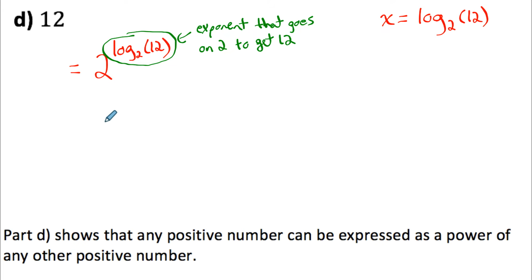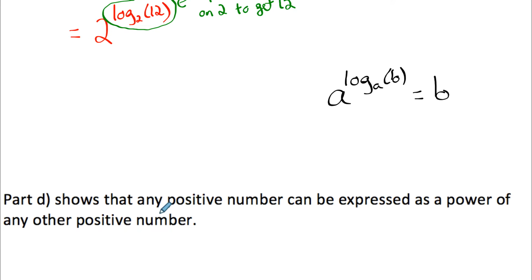So what happens if we put it as the exponent on 2? Well, what happens is exactly what it says will happen. We get 12. And we could write ourselves a little rule for this. If we have a to the log base a of b, that's just equal to b. So this example was just here to show you that any positive number can be expressed as a power of any other positive number.